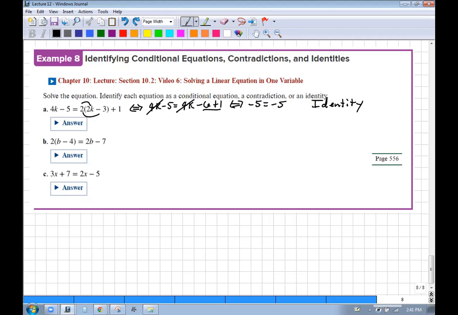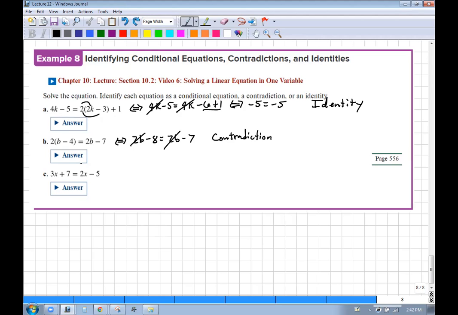Look at the second one here. Let's distribute this 2 to get rid of these parentheses. And right here, you can see I could subtract 2b from both sides. This says -8 equals -7. It's a contradiction. It's never true. There are no solutions. There's no number you can plug in here where both sides will be equal.